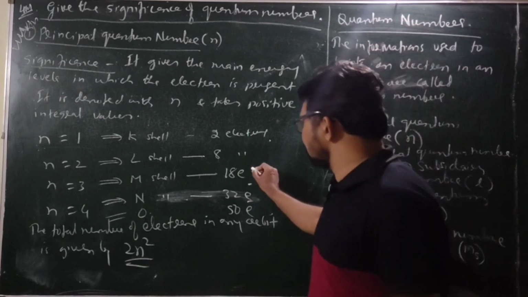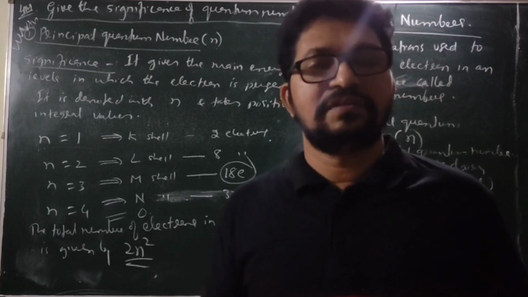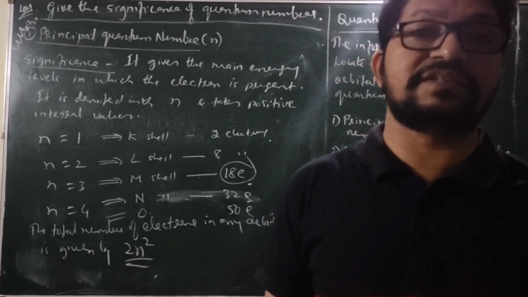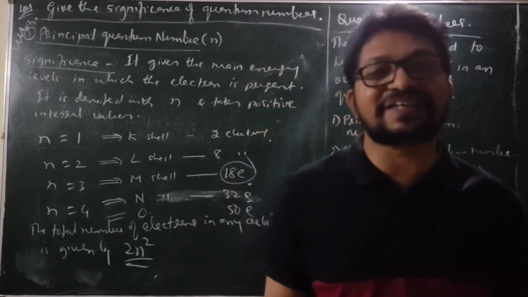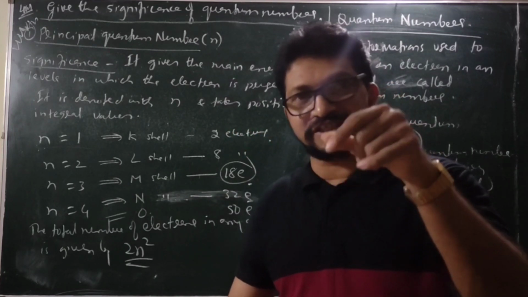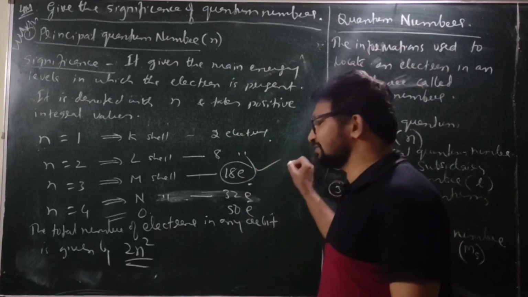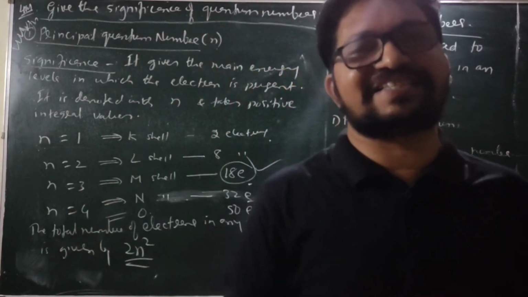Now you see, suppose you have been given n equal to 3. How many electrons are there? 18 electrons are there. I have to locate a particular electron, correct? The information used to locate a particular electron. Then out of 18 electrons, which electron should I search? Then I ask for the next address.